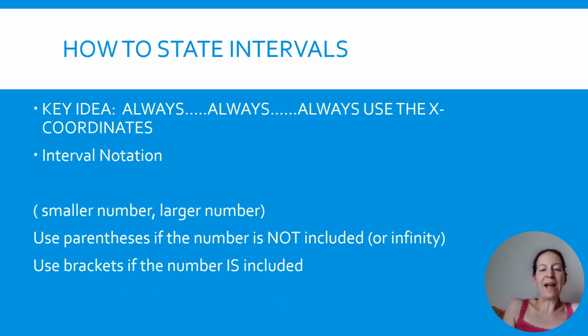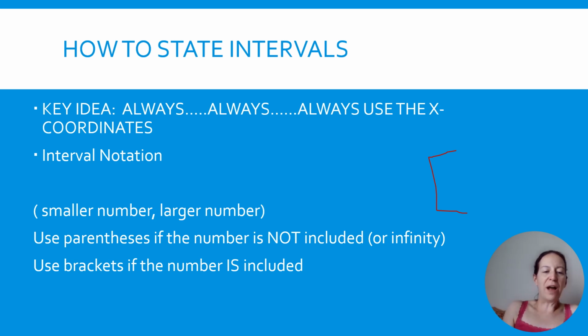And by a bracket, I mean something that looks like that. Okay, so sometimes you'll see parentheses, sometimes you'll see brackets. You use a bracket if the number is included, and you use parentheses if it's not.